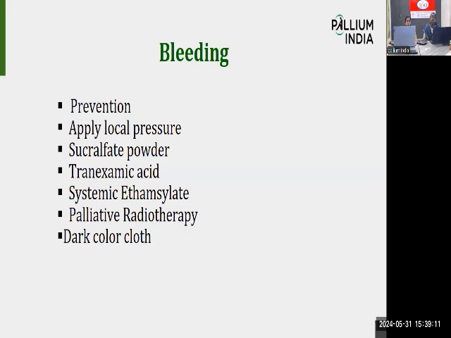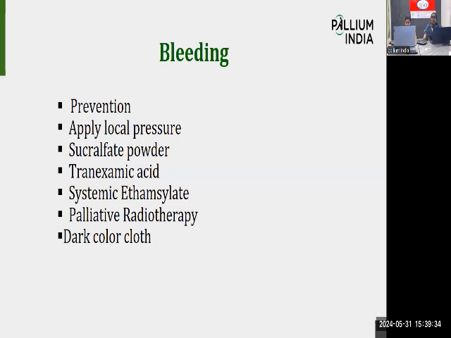Always you have to educate the patient to keep some dark color clothes. That is very, very important, because if accidental bleeding happens, they have to take a dark color cloth, like a green or blue cloth, and wipe out the blood with the dark color cloth, so that we can prevent the anxiety and the panic shock.